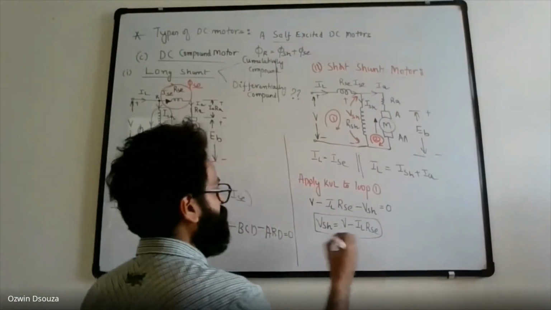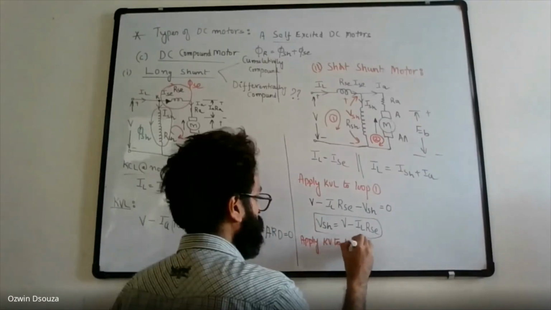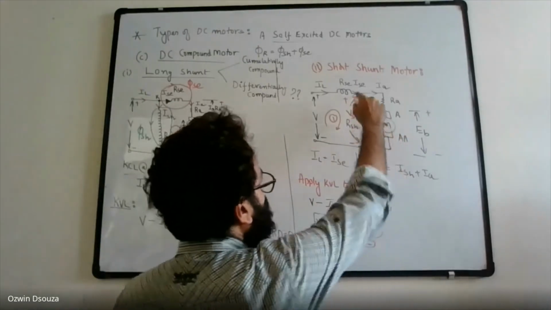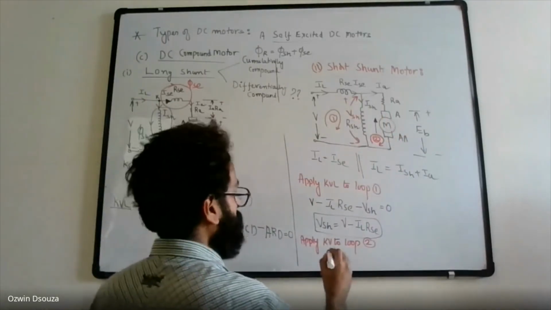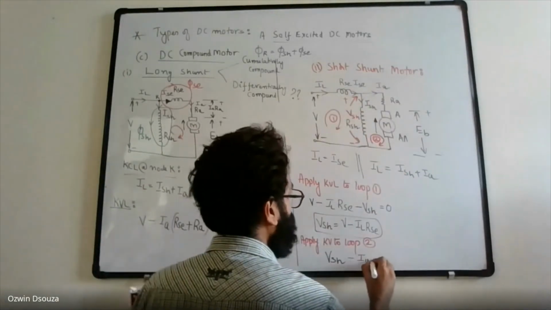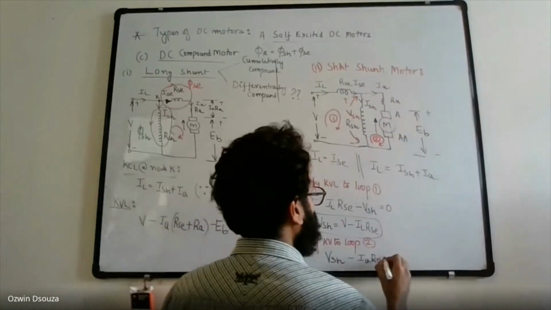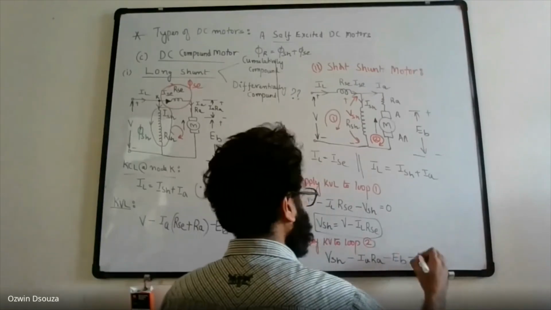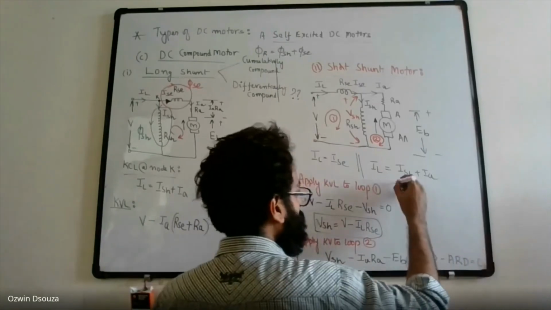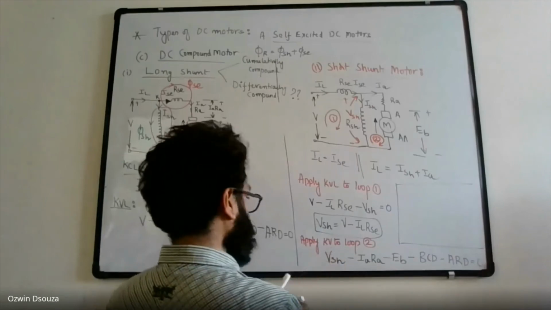Applying KVL to loop 2, we get the voltage VSH, then drop IA RA, then we have EB, and then brush contact drop and armature reaction drop, which is equal to 0. This is your voltage equation.